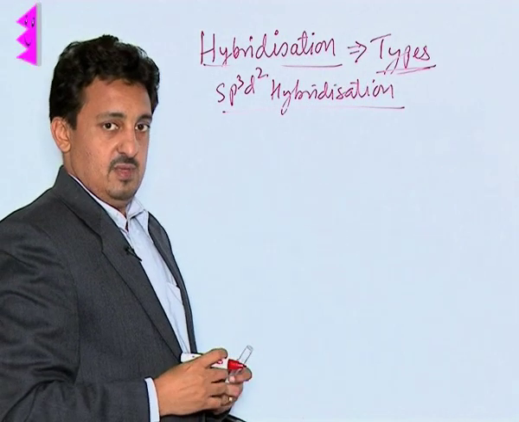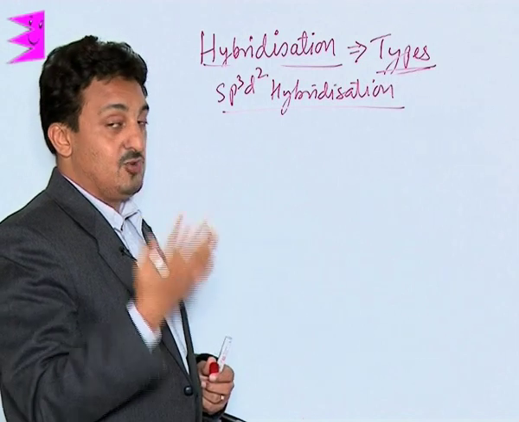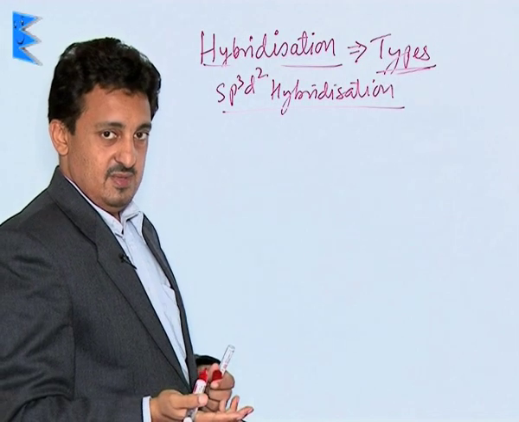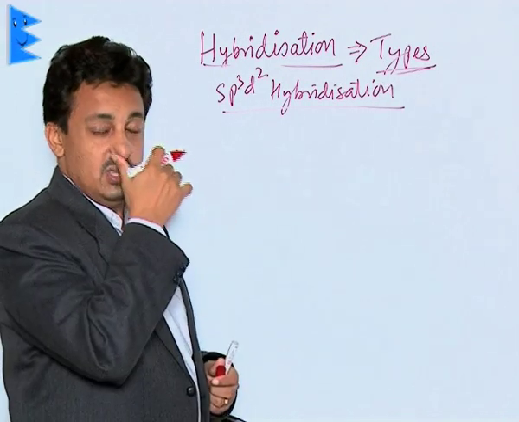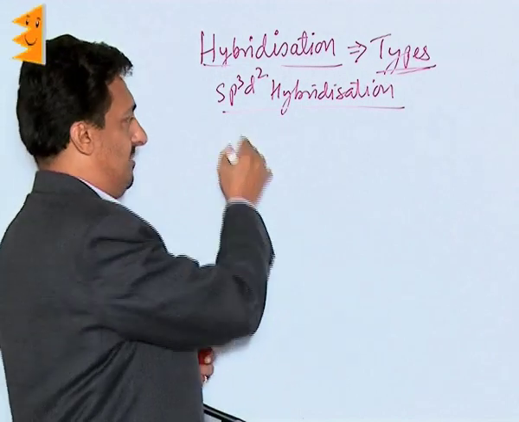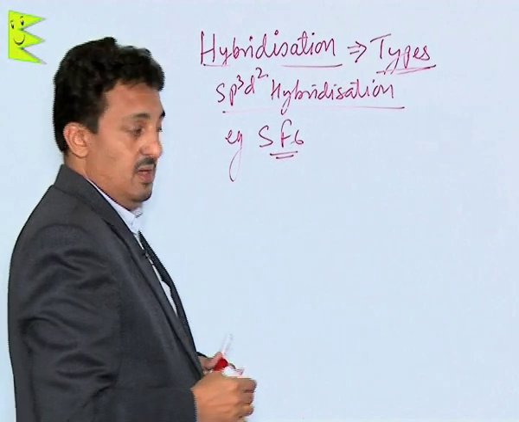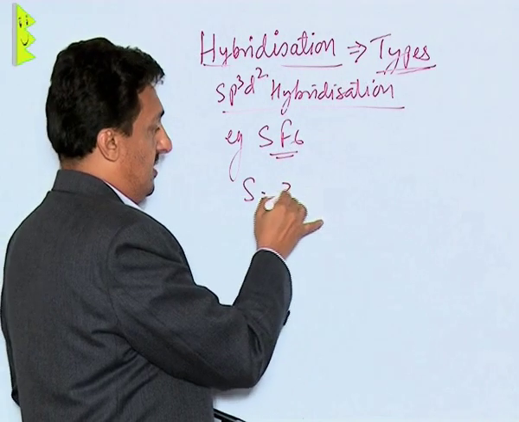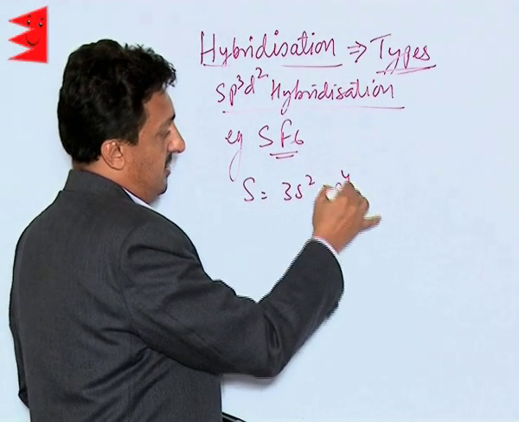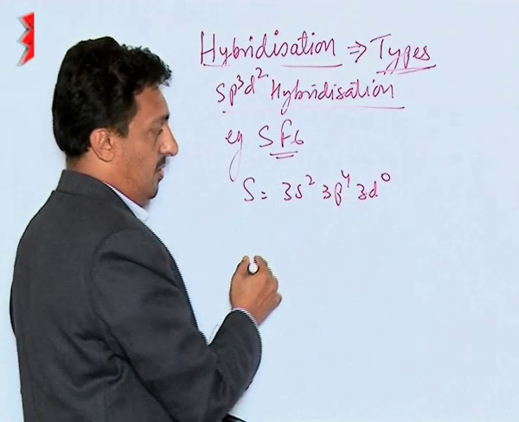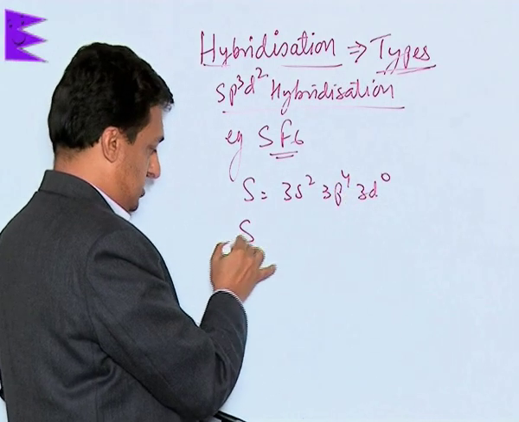In this 1s, 3p and 2d are involved. It is mainly shown by the 16th group elements. The best example we can have is SF6. We know sulfur has 3s2, 3p4, 3d0 ground state configuration.